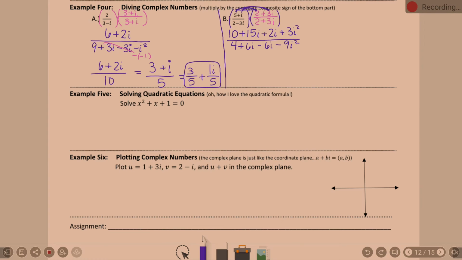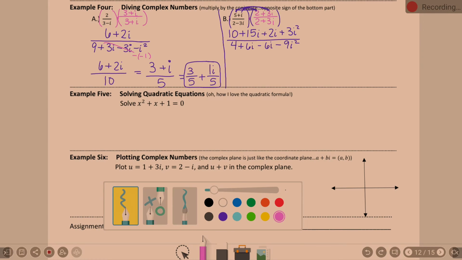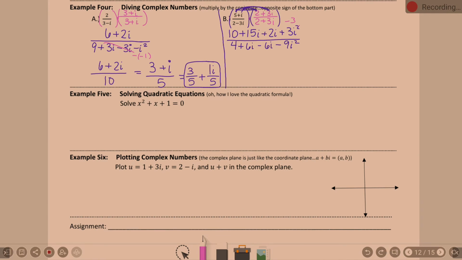Okay, 15i and 2i are going to add together and become 17i. Plus 3i squared is the same thing as minus 3. So 10 minus 3 can go together. So we have 7 plus 17i.